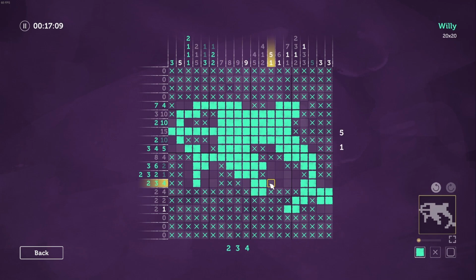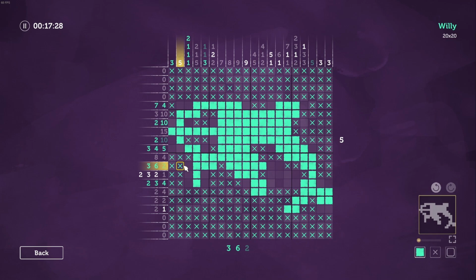Because this grouping is only 3 big, and this one must be the 2 grouping, so it can't reach this cell. And actually the last term in this column is a 2 term like this. So that doesn't reach here, and that's that term or group done.